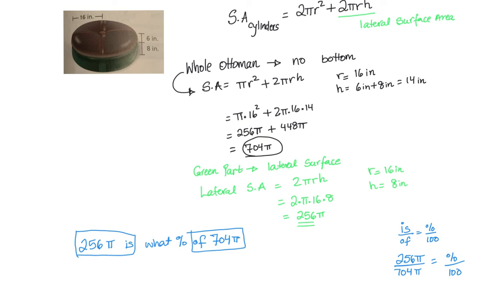The pi's are going to cross each other out, because it's like I'm multiplying the numerator by 3.14 and also the denominator by 3.14, so they essentially cancel each other out. If you divide 256 by 704, you end up with a repeating decimal of 0.36 repeating, which as a percent would be 36.36 repeating percent, or 36.4%. So approximately 36.4%. So that's how we handle this question.